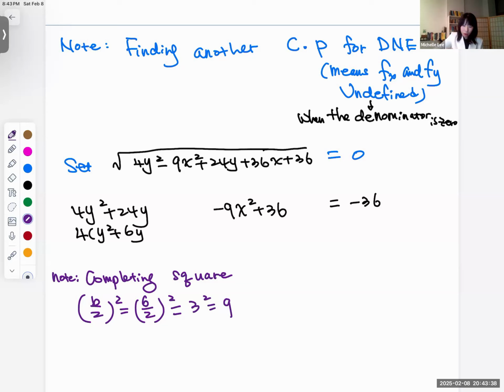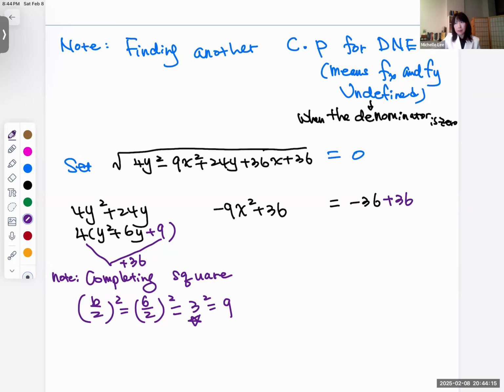Okay, so we are going to use this number later. So remember that number when you make a completing square. So we have a plus 9 there, right? Okay, now look, but then we have 4 times 9, which is positive 36. So we have to add positive 36 here.